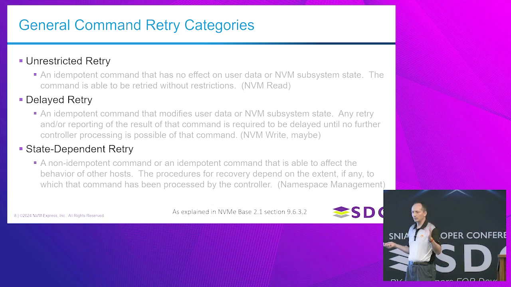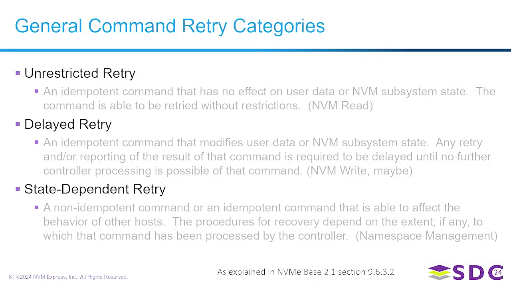Well, maybe they're keeping track of stats, maybe there's a flow control thing that's going on. We're not going to worry about that. When you issue an NVM read, you're expecting that stable storage is not going to change. And so that would be considered an unrestricted retry. You can reissue these immediately. If you've got a path down, if the other guy's taken too long, you can issue the command again.